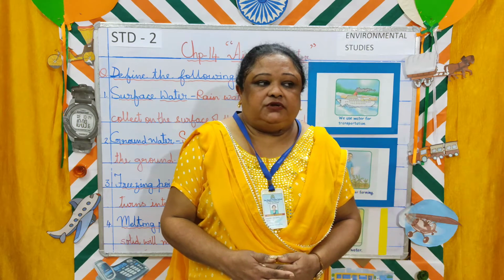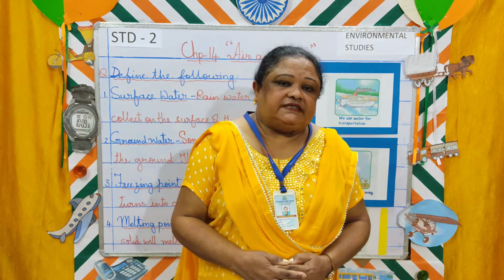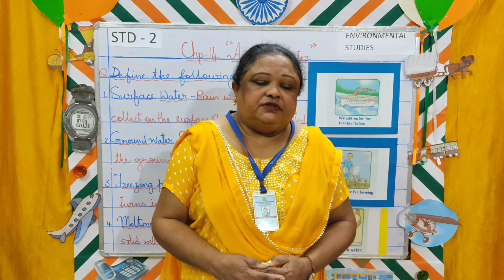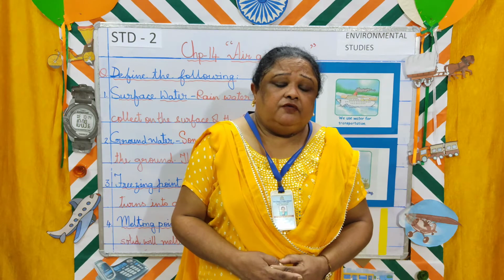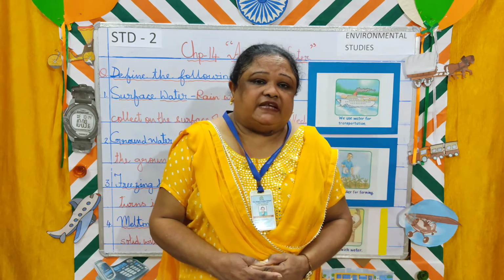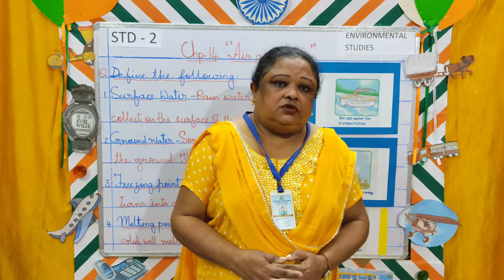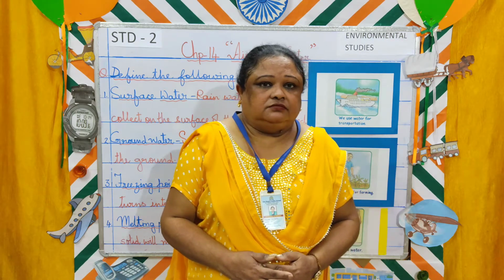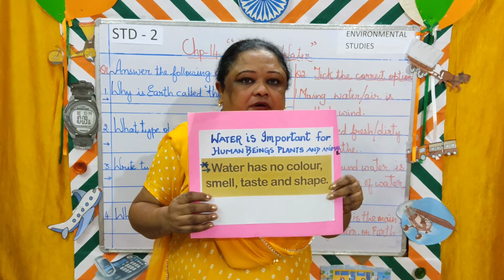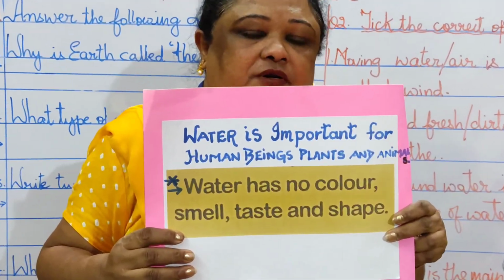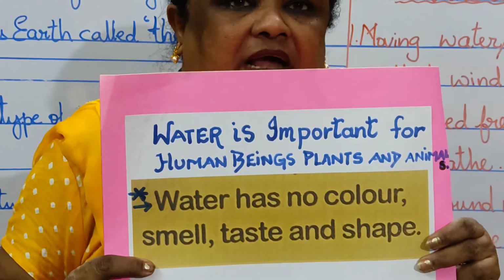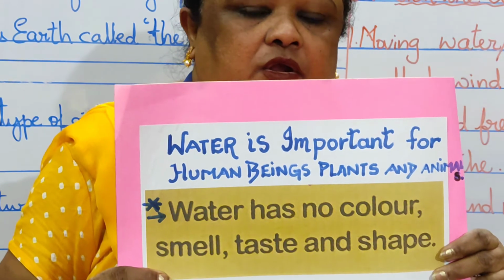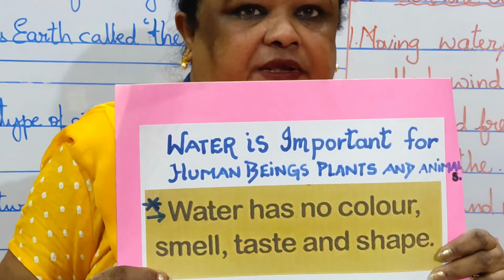Number 2, the utensil in which the water is kept should be clean and covered. Number 3, we should close taps which are not in use. Do not waste water. Save water. Now children, let us remember, water is very important for human beings, plants and animals. Water has no taste, no smell and no shape.